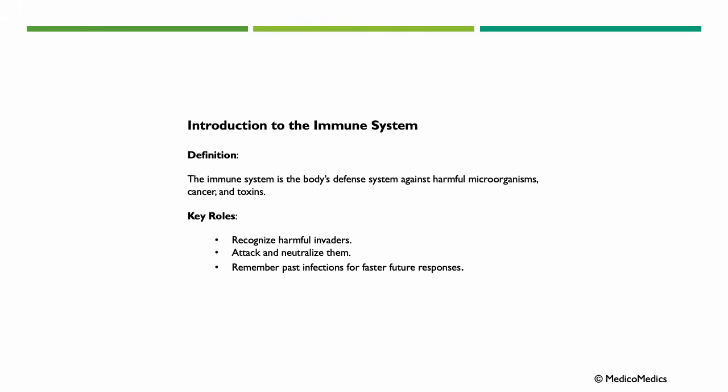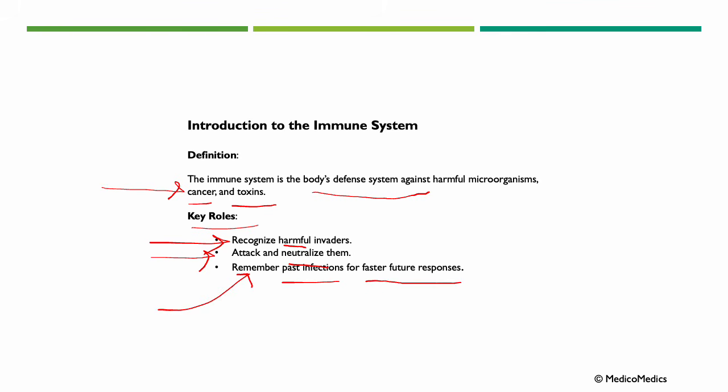So introduction to the immune system. Now, the immune system is the body's defense system against harmful microorganisms or cancer, toxins, etc. Its key roles include recognizing harmful invaders, attacking and neutralizing these invaders, and furthermore, to remember past infections for faster future responses.